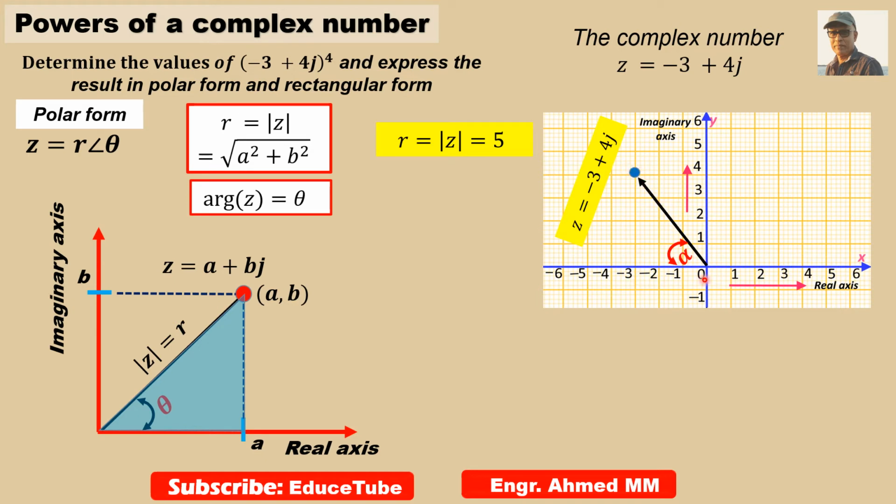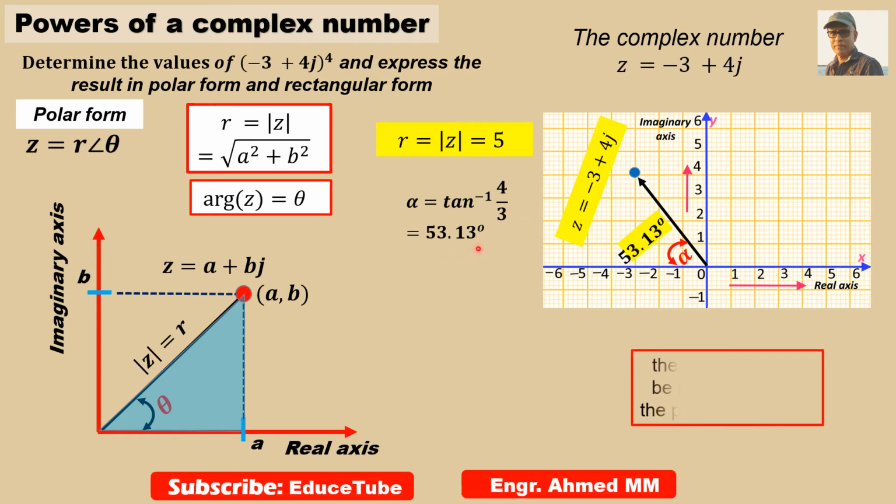If we consider this as a right angle triangle, this vertical distance is 4 and the horizontal distance is 3, so surely our value for alpha will be tan inverse of 4 by 3, equal to 53.13 degrees. But here we define that theta is the argument, and this alpha is not the argument, because the argument must be measured from the positive real axis.